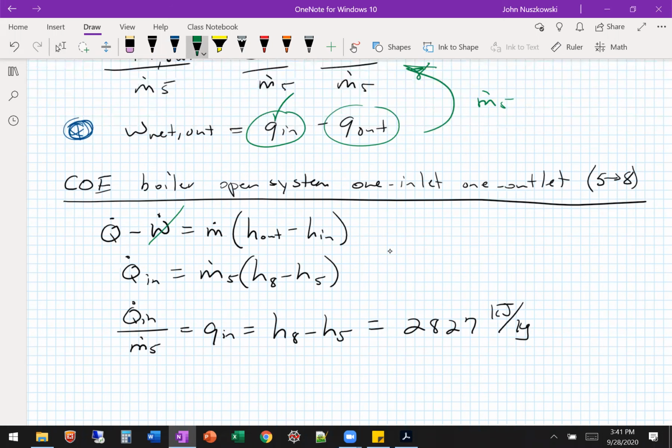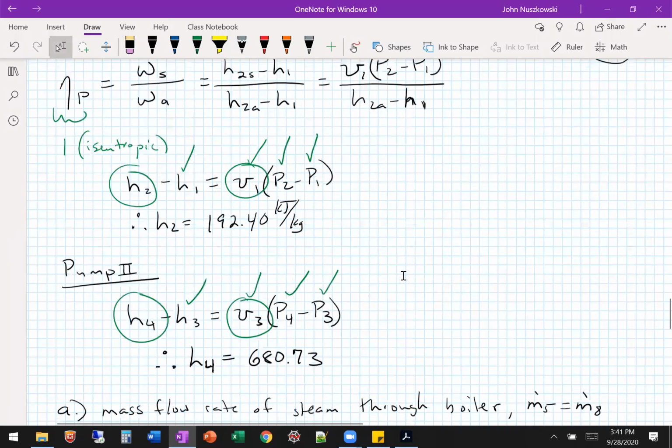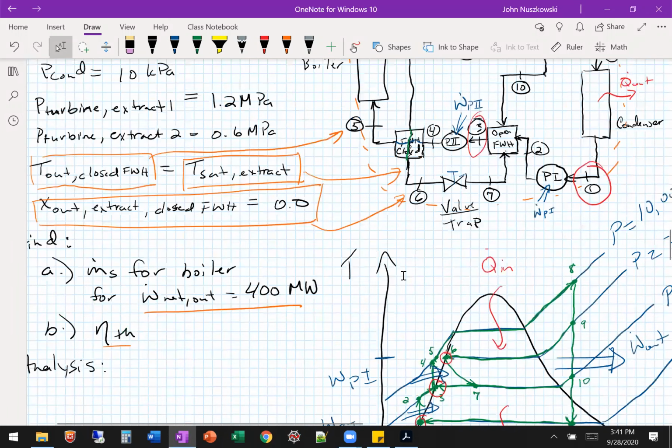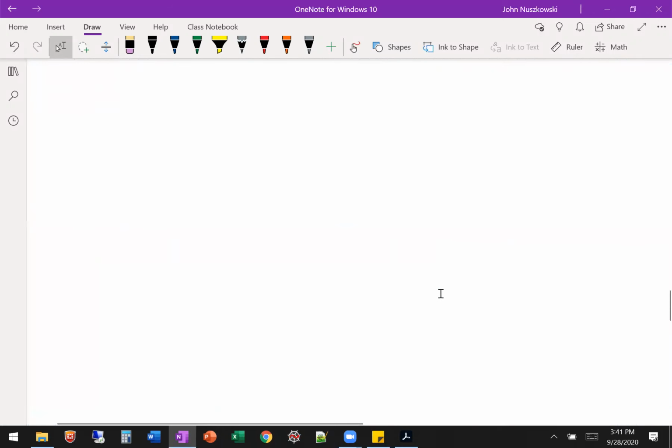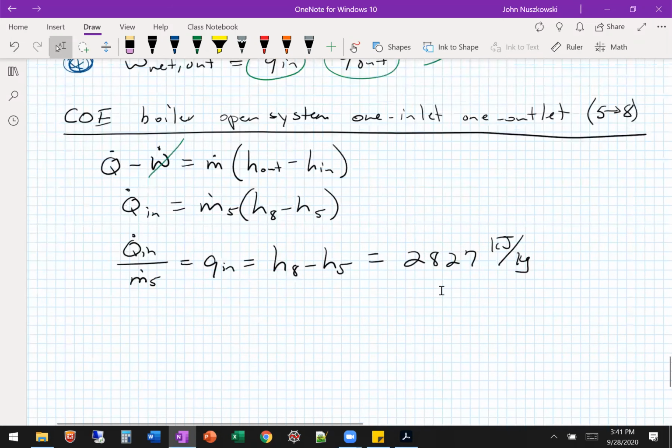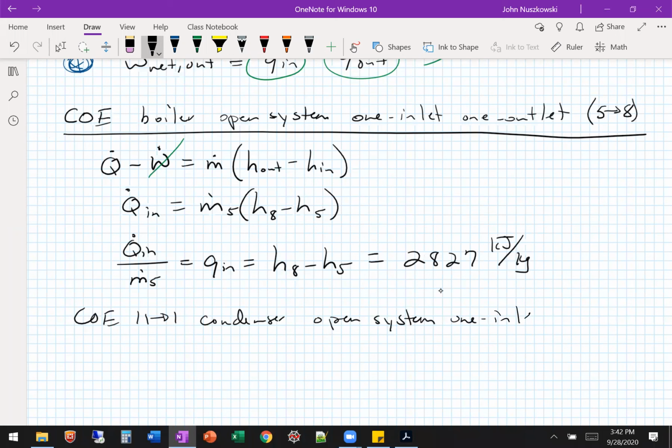Now we have to get our heat out. Which one's that? It's the condenser, so 11 to 1. Yeah, so we've got to do our 11 to 1. Condenser, so it's still an open system, one inlet, one outlet.